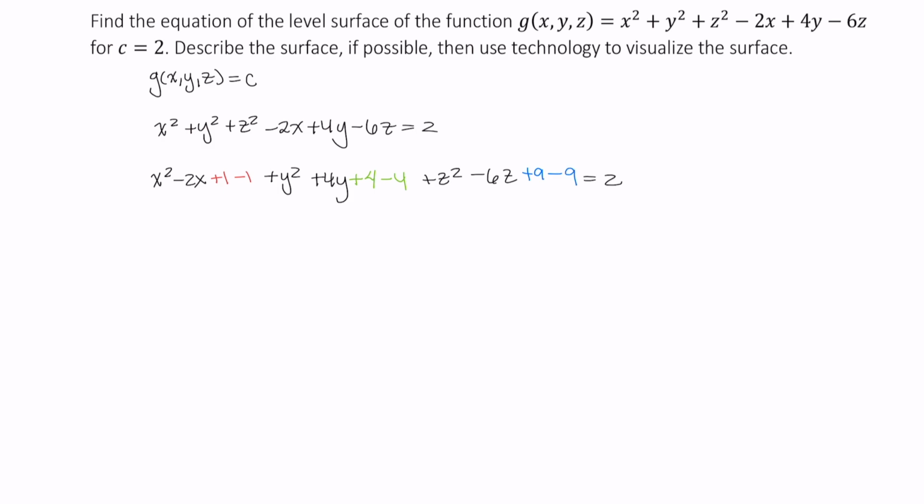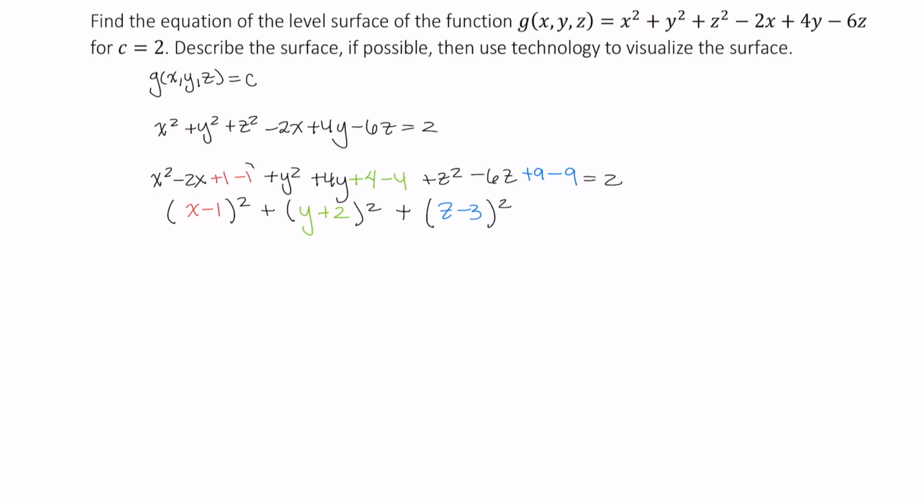And why would I do this? Well, now I can rewrite the x terms as x minus 1 quantity squared, plus y plus 2 quantity squared. And finally, I have z minus 3 quantity squared.